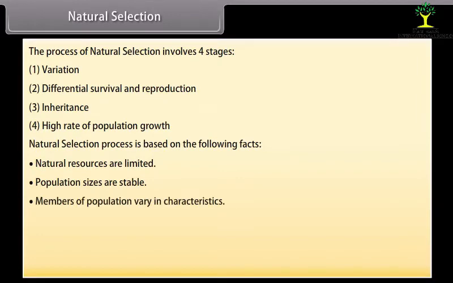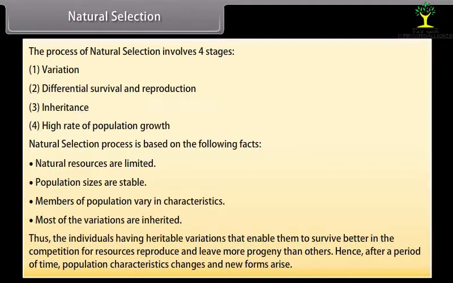Members of a population vary in characteristics. Most of the variations are inherited. Thus, the individuals having heritable variations that enable them to survive better in the competition for resources, reproduce and leave more progeny than others. Hence, after a period of time, population characteristics change and new forms arise.